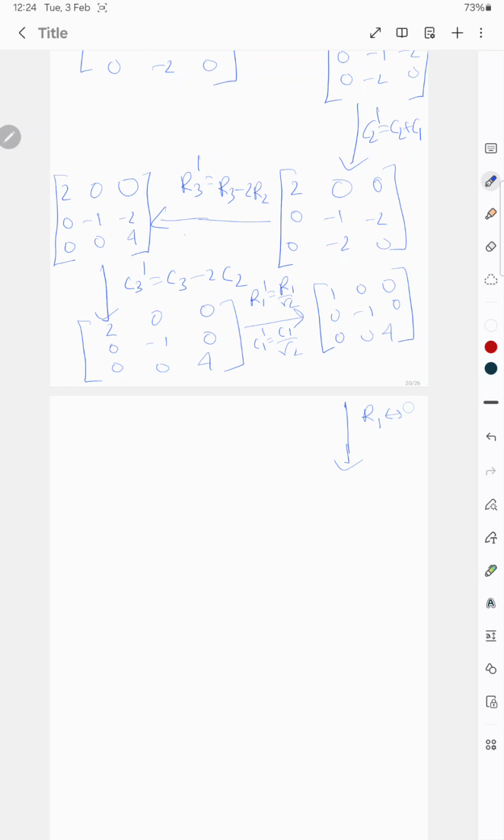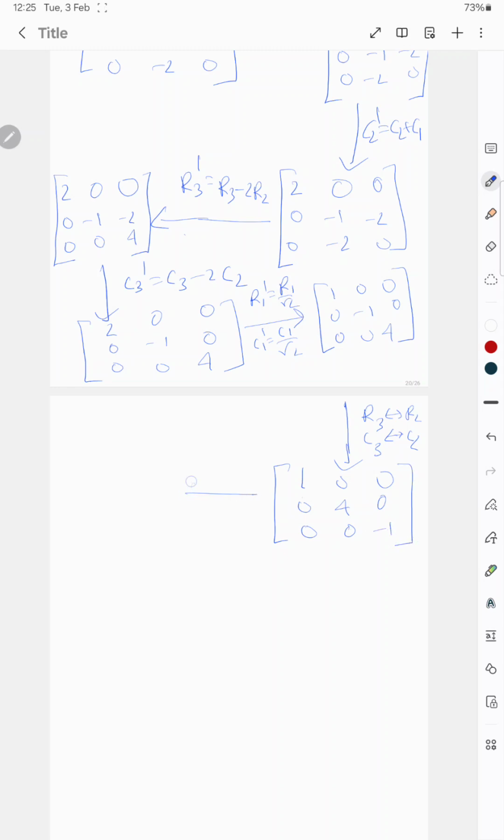R1 and R2 and C1 and C2, R2 and R3 and C3 and C2, if you change, so you will see 1 0 0 0 0 4 0 minus 1 0. After that this will be again changed, C1 C2, so you will get 4 here basically, and this 0 minus 1 here.